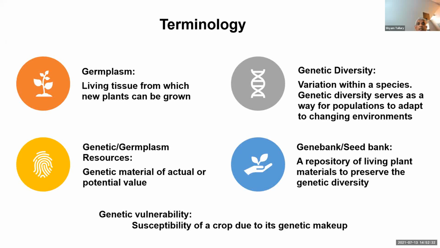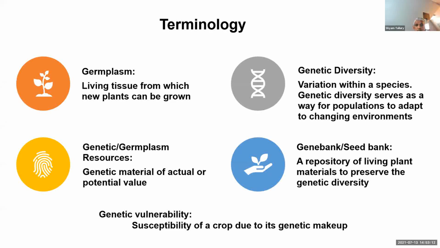It's believed that genetic diversity, and I'll talk more about it in my following slides, provides a buffer to withstand abnormalities. The last term is gene bank. The National Peanut Collection is preserved in the gene bank in Griffin. A seed bank is a repository of living plant materials to conserve the genetic diversity present in all these germplasm resources.